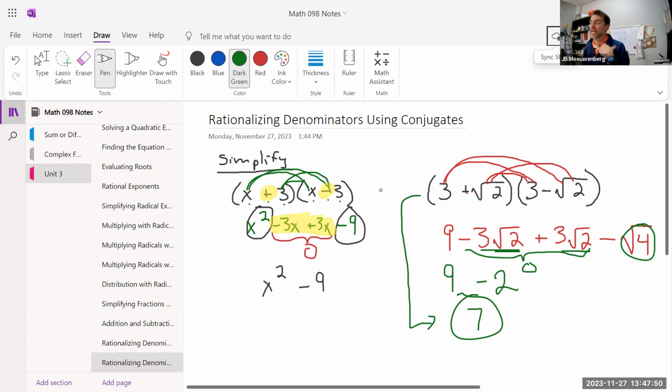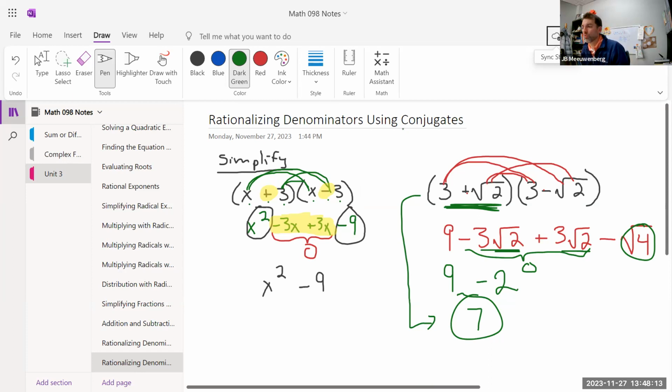That's important. If you remember from the previous video, rationalizing denominators means getting rid of the radicals that are in a denominator. Here is how we are going to do it when our denominators look like this, when they have more than one term in them.